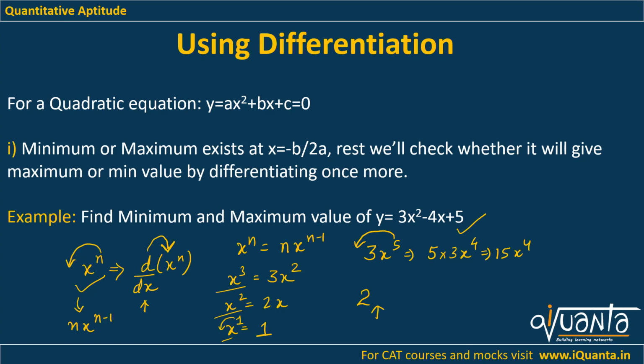All these expressions, x cube, x square, x to the power 1, 3x to the power 5, they all were in terms of x. But when we look at this 2 over here, it is not in terms of x. So basically we will call it a constant, okay? If we are differentiating it with respect to x, its differentiation becomes 0.